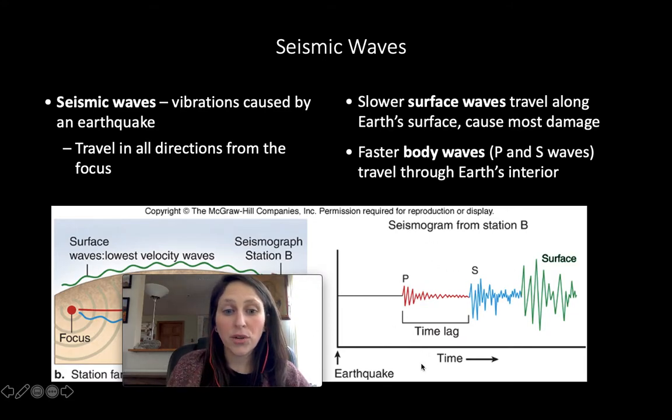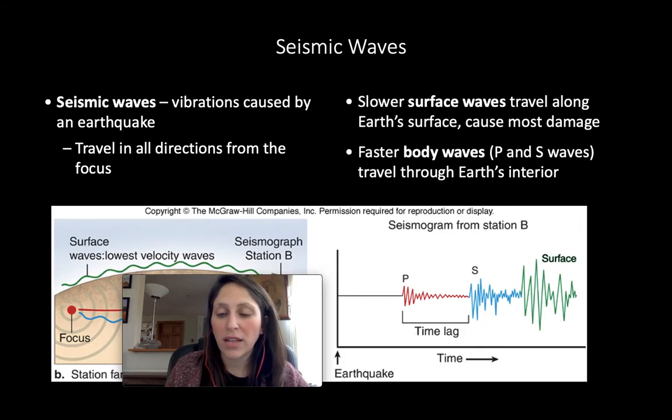It's going to record the different types of waves that the earthquake is producing. The first wavelength that we see in the seismogram are our P waves. Those are the first types of seismic energy that the seismogram records. Then after some time, the earthquake produces S waves, and that's felt a little bit after the P waves are felt at the seismogram. So these are our second set of wavelengths.